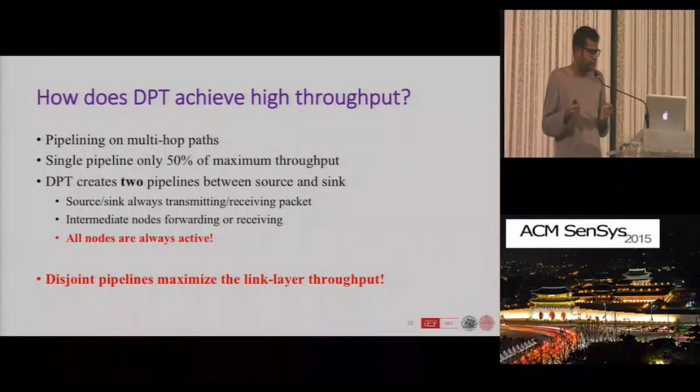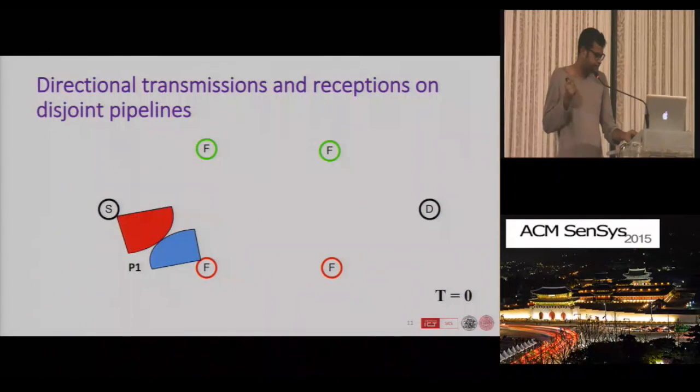Using these two pipelines, the source node is always transmitting a packet, and the sink node is always receiving a packet. All the intermediate nodes are either forwarding or receiving packets. This means that all the nodes involved in the bulk transmission in the pipeline are always active. So this allows us to maximize the link layer throughput and achieve a high communication throughput.